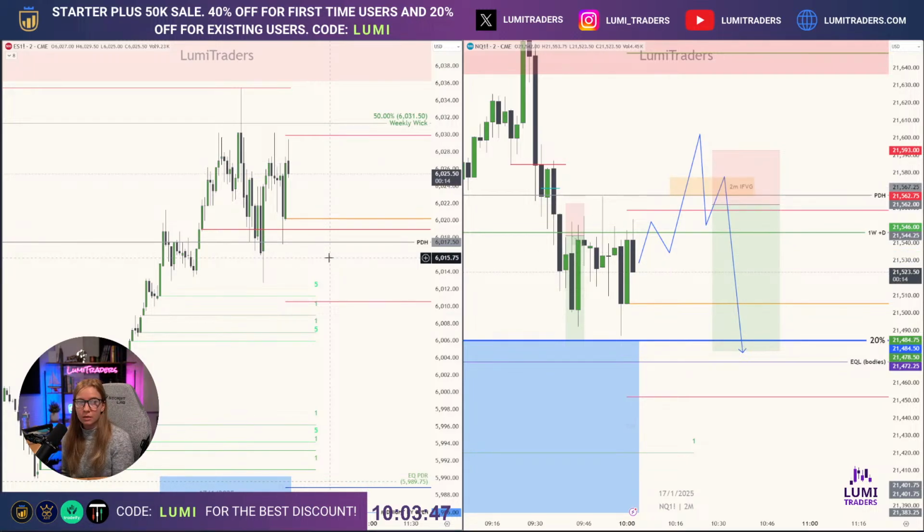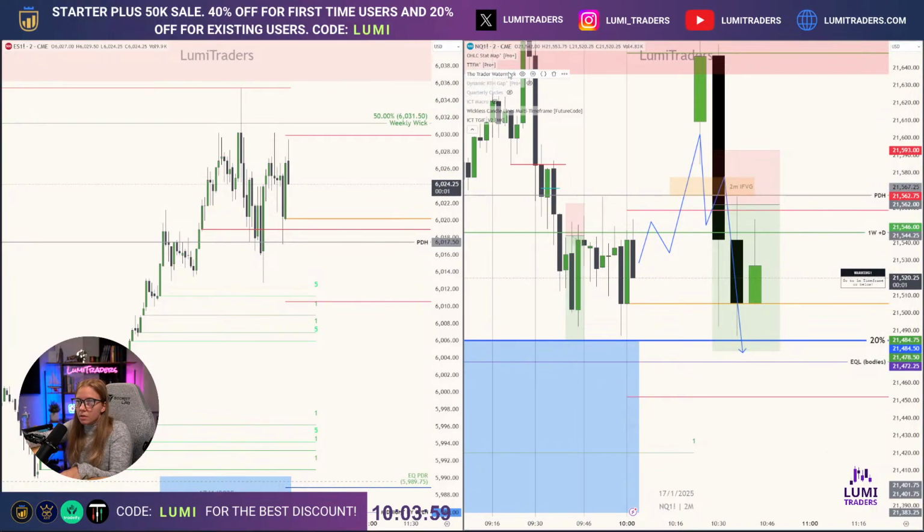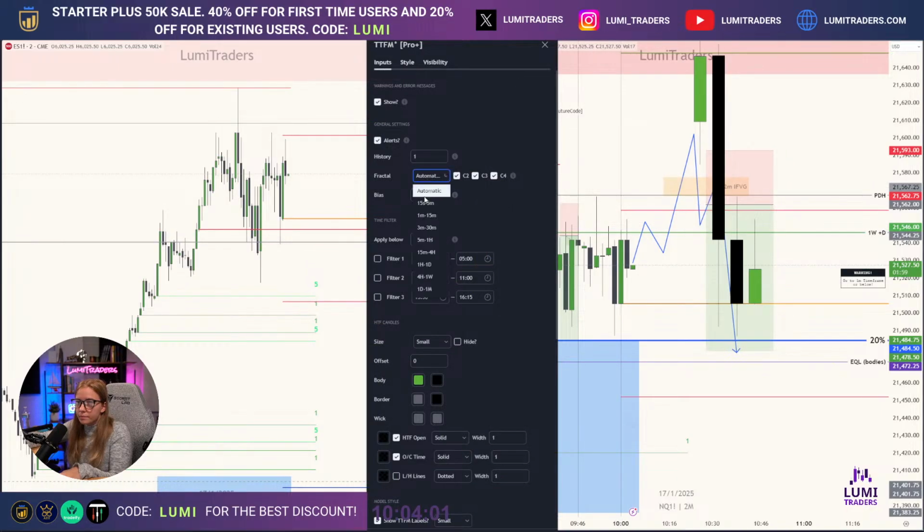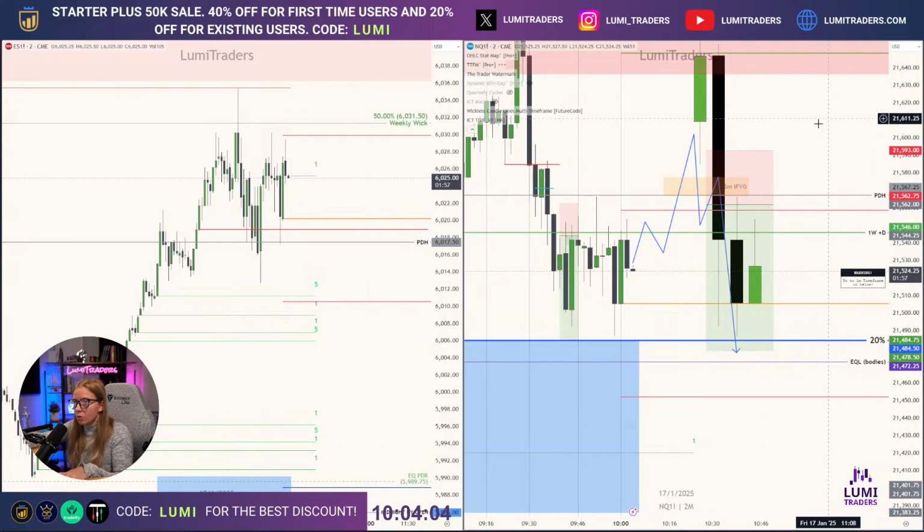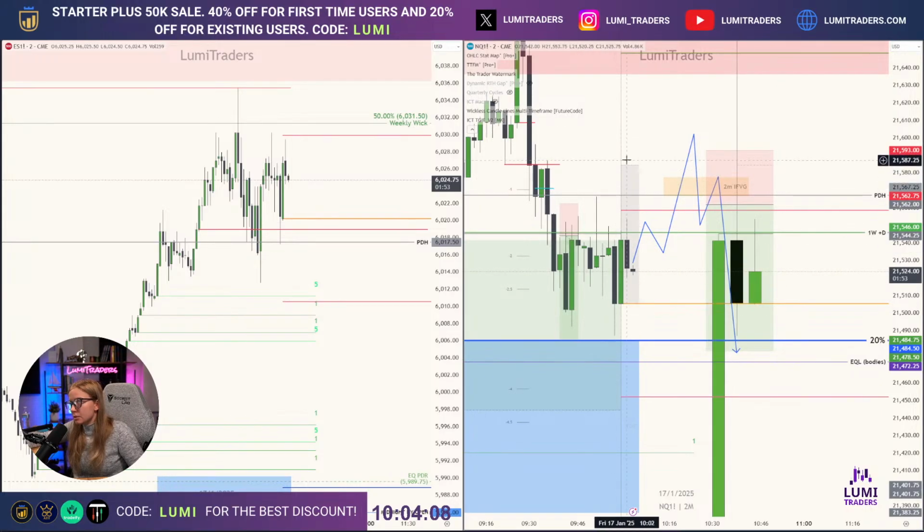Fractal model, yes, suggests a 5-minute bearish setup right now. Let me show you. So far, 5-minute offers this. See this dark box right here?